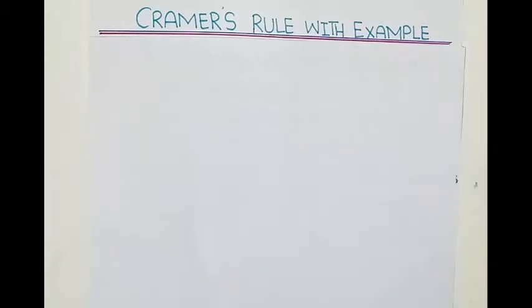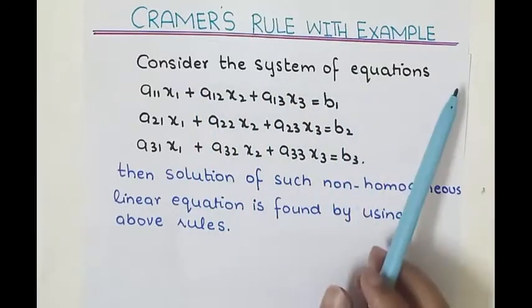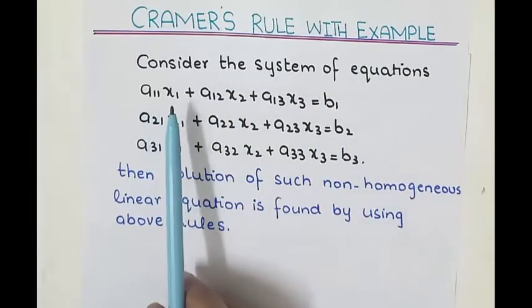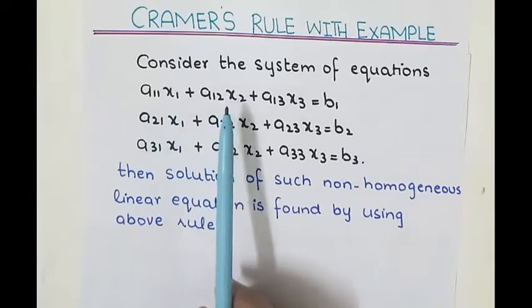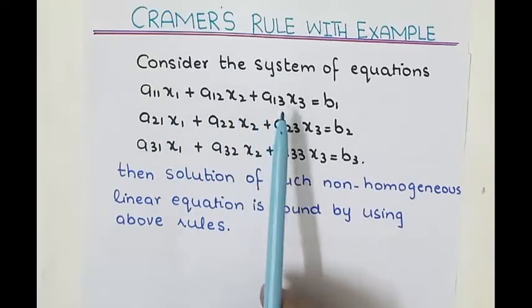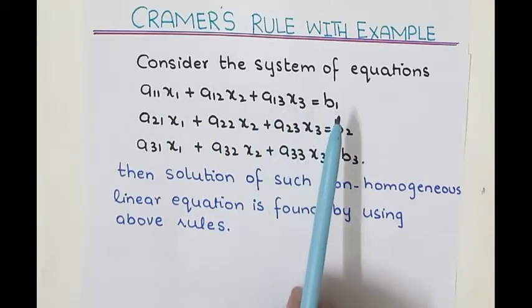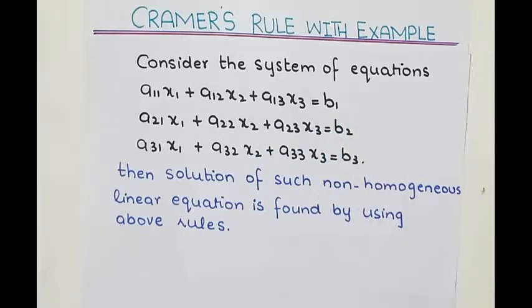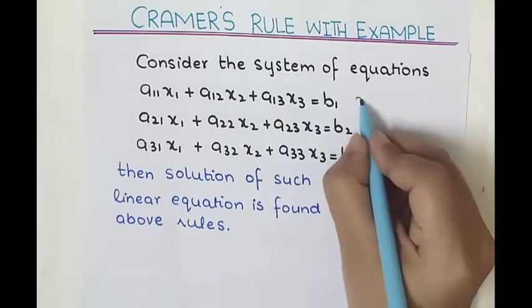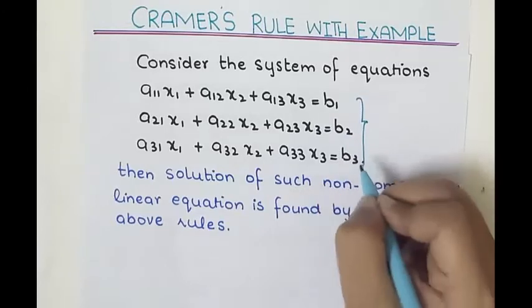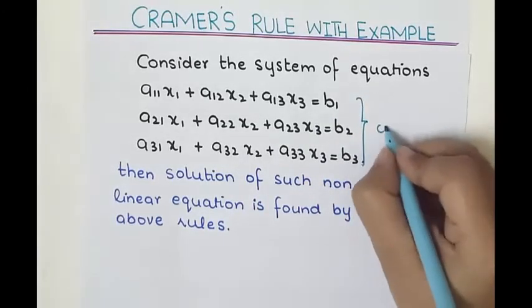So let's get started. Consider the system of equations like a11 x1 plus a12 x2 plus a13 x3 is equal to b1. As we know, these b1, b2 and b3 represent the constants.